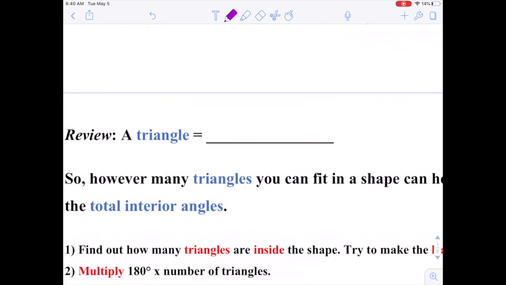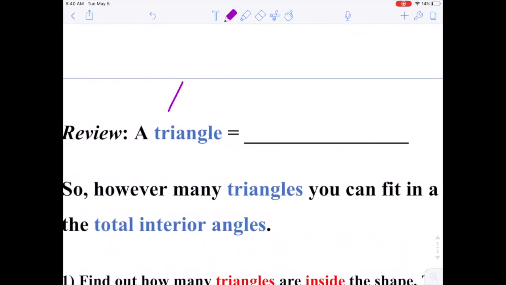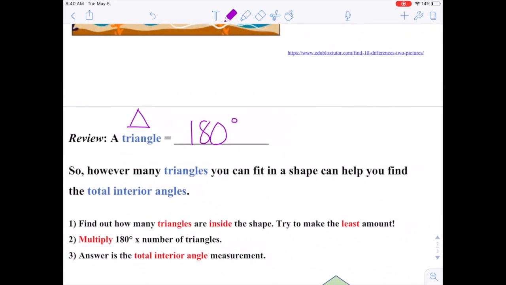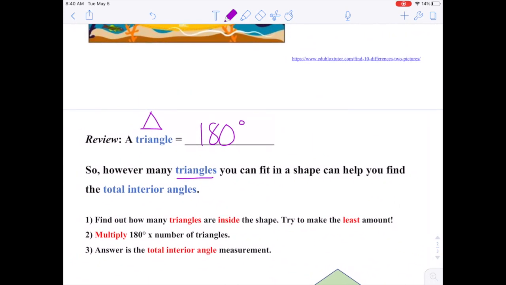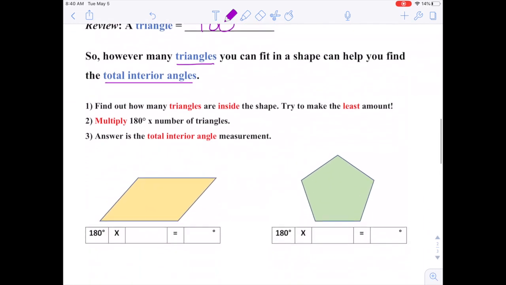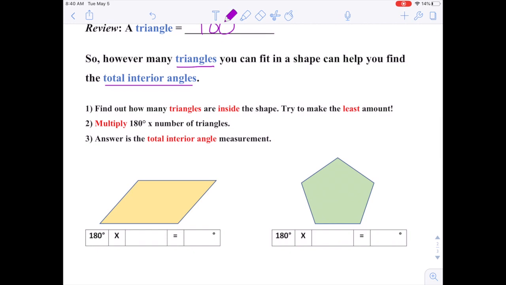So to review, a triangle always equals 180 degrees. We're going to use that information for today because we need to figure out how many triangles you can fit inside a shape, and that's going to help us figure out the total interior angles. So again, the steps: how many triangles fit inside of a shape.